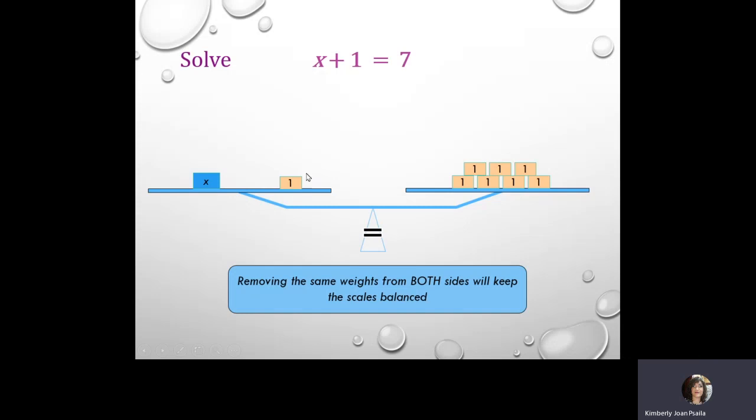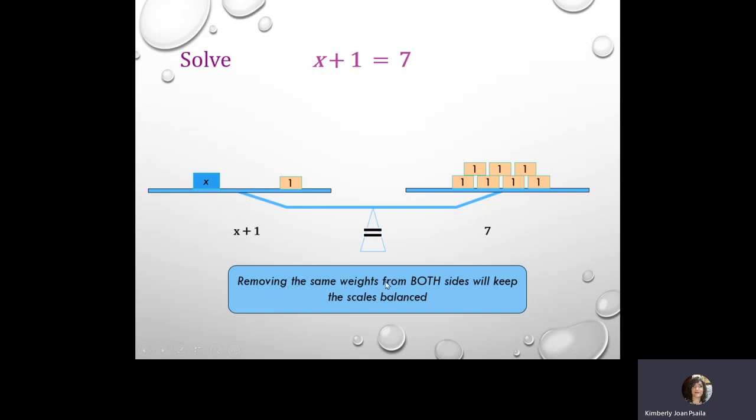So here we have the same equation again. Now the purpose of the balance scale, in order to keep it balanced, in order to keep it equal, is that what you have to do on the left-hand side has to be done also on the right-hand side.